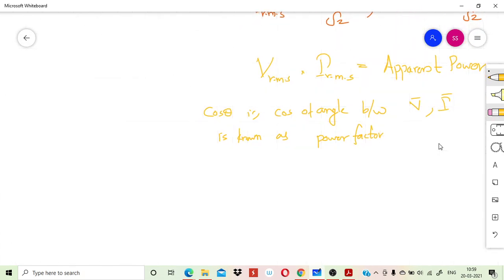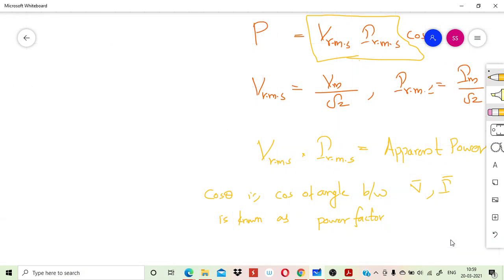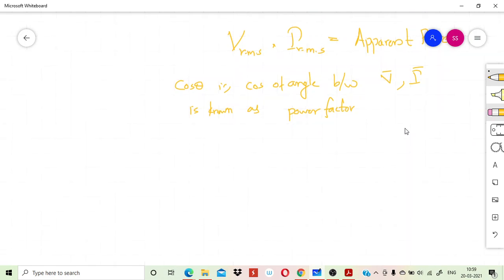And this power factor is defined as follows. We are going to rewrite this equation: capital P is nothing but our real power, or active power, or average power, anything you can call it. So real power is equal to apparent power into power factor PF.